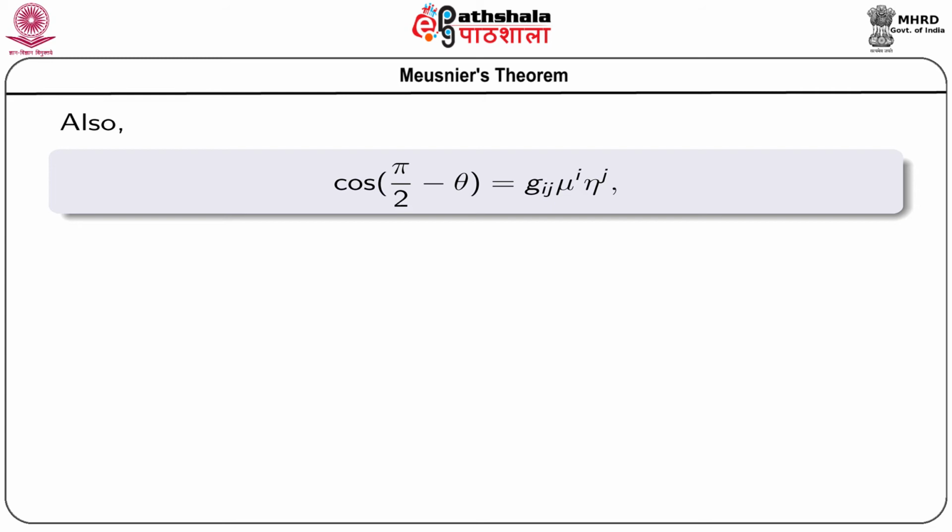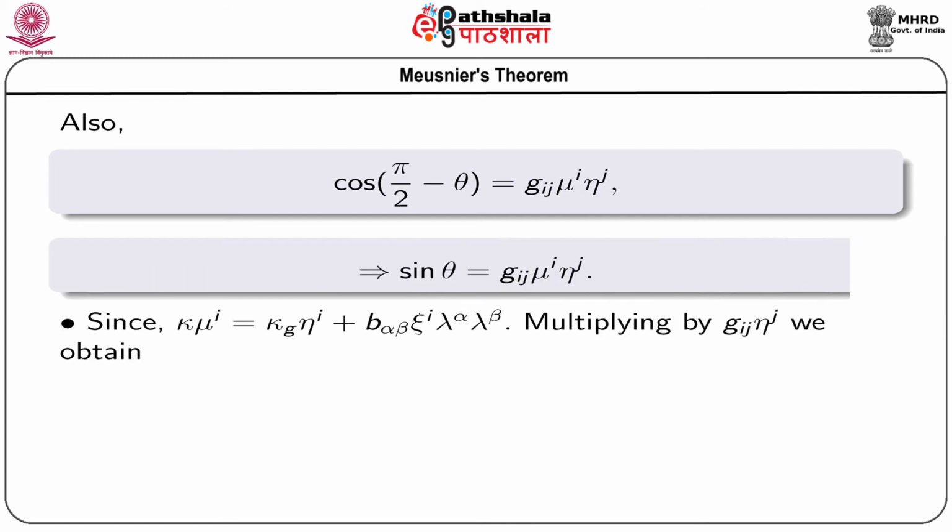So, the angle between mu^i and eta_j is pi by 2 minus theta. So, g_ij mu^i eta^j is cos of pi by 2 minus theta. That means, g_ij mu^i eta^j is equal to sin theta.